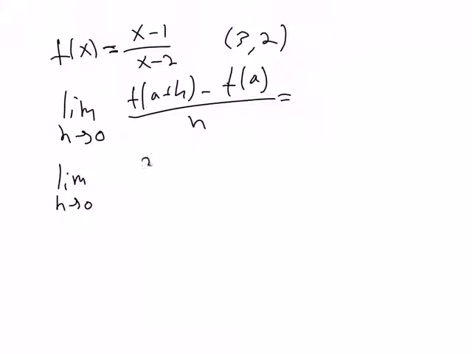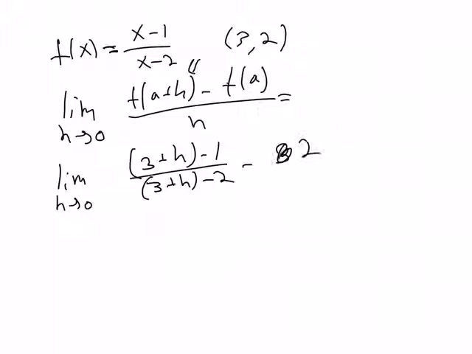So 3 plus h minus 1 over 3 plus h minus 2, that's this, minus f of a, sorry, f of a is 2, over h.